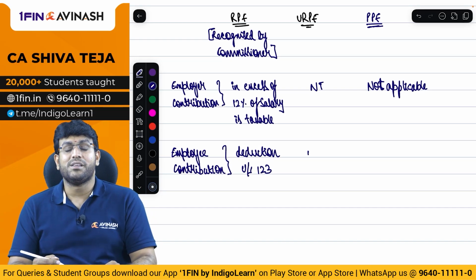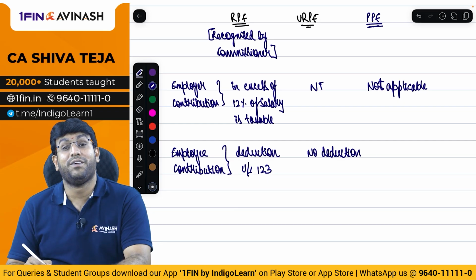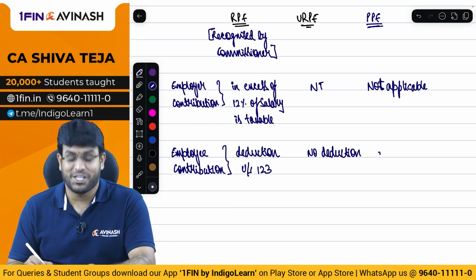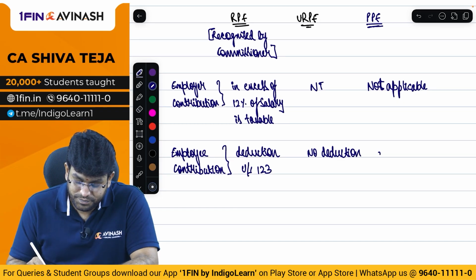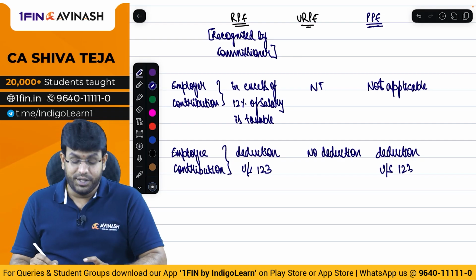You can claim what, my dear friends? Deduction under section 123. URPF, no deduction. URPF, yearly nothing will happen. But at the end, when you withdraw, tremendous tax will come. PPF, same concept again. Deduction will come under section 123.